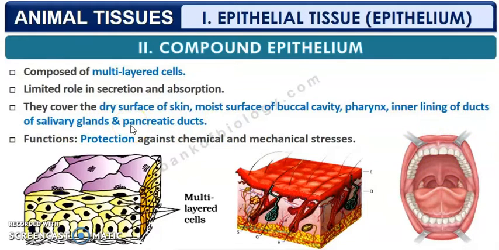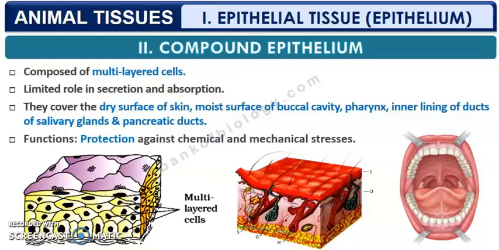What is the inner lining of ducts? The inner lining of the ducts of the salivary glands has this compound epithelium, right? I hope you remember the glandular epithelium, which is a modification of the columnar or cuboidal epithelium. They form the salivary gland, and the inner lining of its ducts is covered by the compound epithelium.